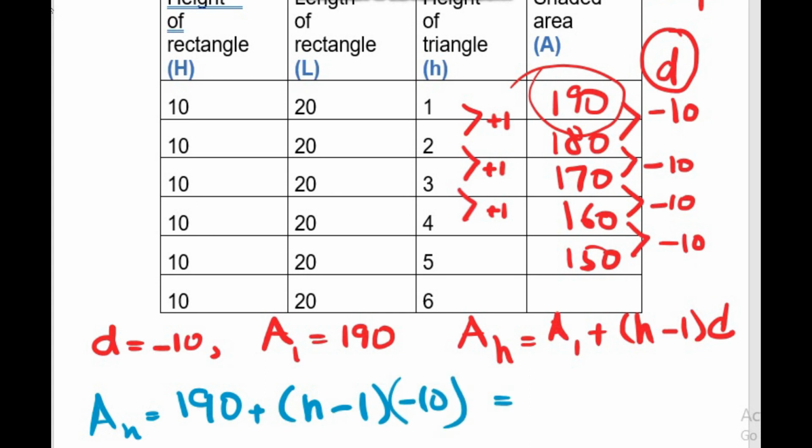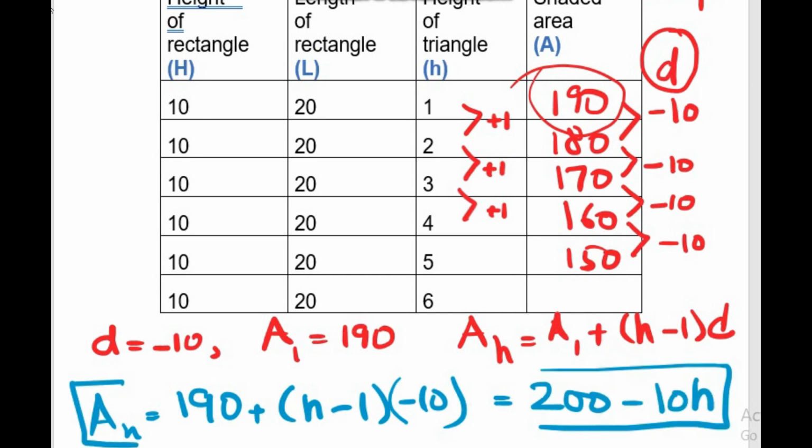And when you simplify that, what do you get? You get 200 minus 10H. So what we have done is we have found the area of the shaded region in case this is a rectangle. So that's about it.